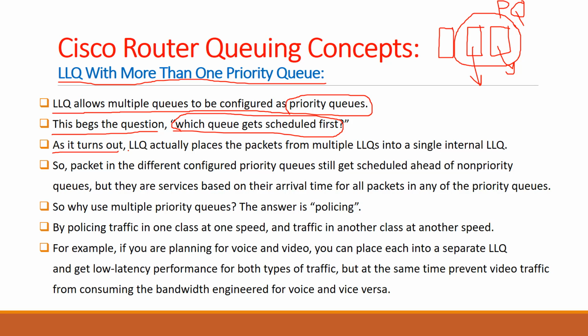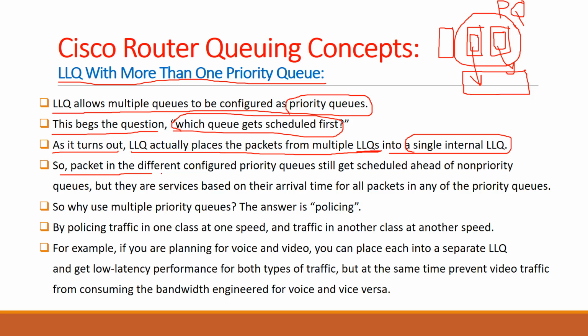As it turns out, low latency queuing actually places the packets from multiple LLQs into a single internal LLQ. What this means is that low latency queuing places the packets in a single internal LLQ.